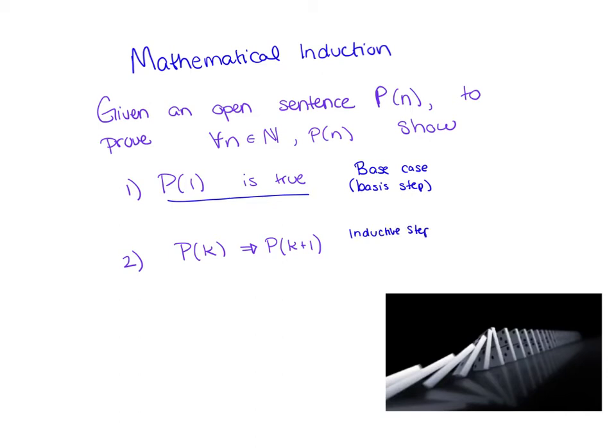Now, when we're proving this implication, in order to do that, we're going to assume P sub k is true, and then we're going to show P sub k plus 1 is true. When I assume P sub k, that's called my inductive hypothesis.